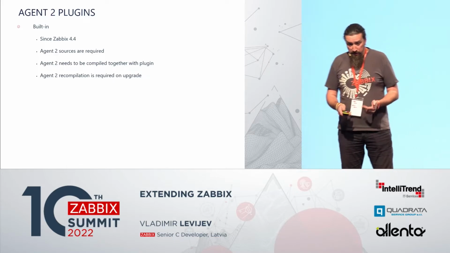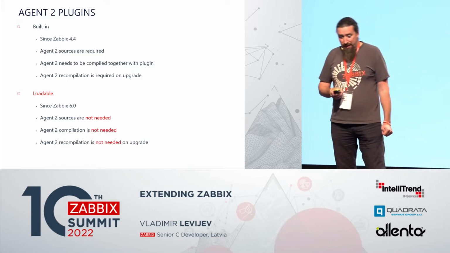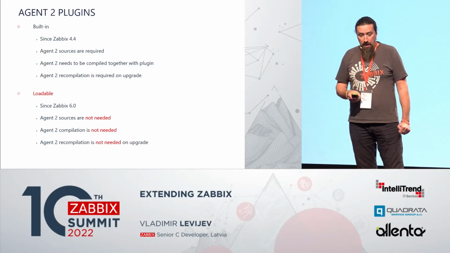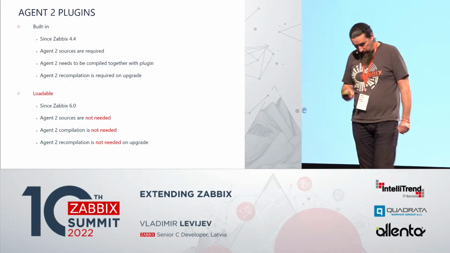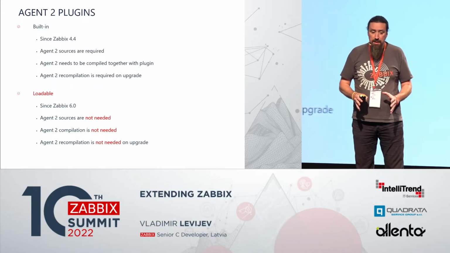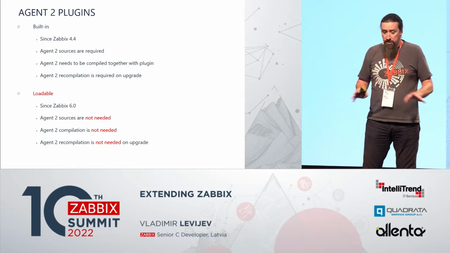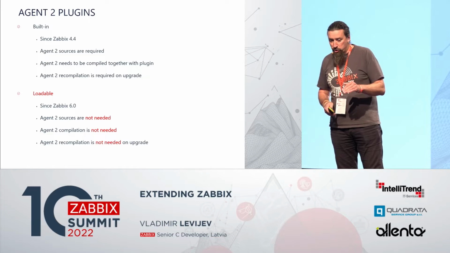That is a must. This is not very convenient. So we worked hard on changing that, and since 6.0, we have loadable agent 2 plugins, which means you just compile your plugin once, and you don't need to recompile anything when you're upgrading agent 2.